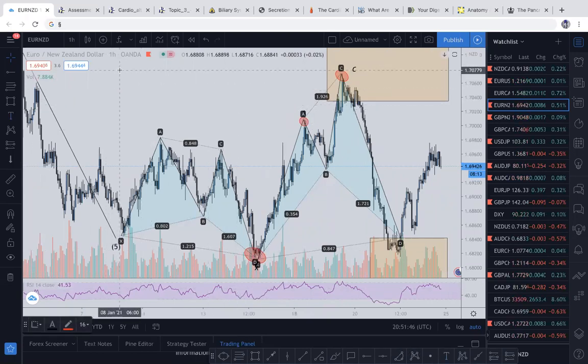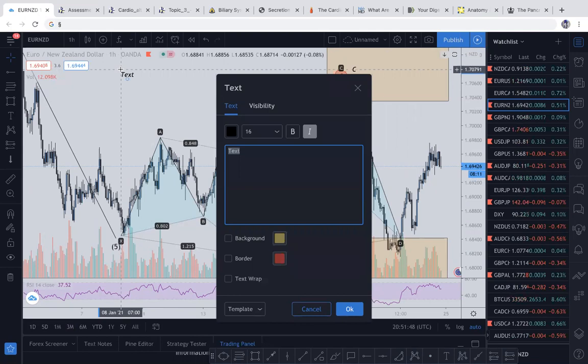To trade the butterfly, fib from X to A will be equal to 78.6.